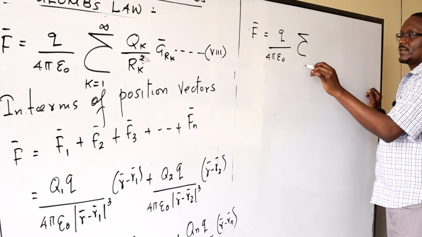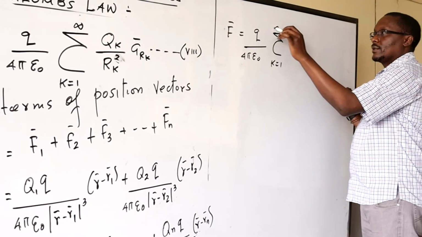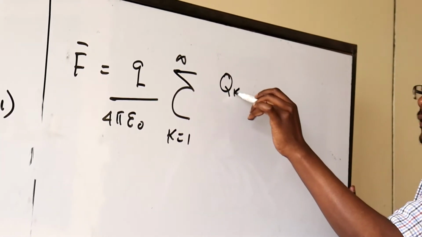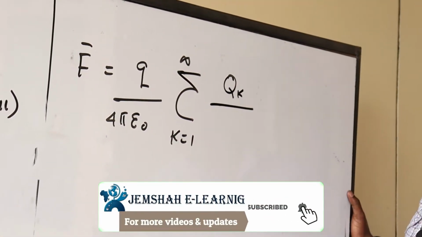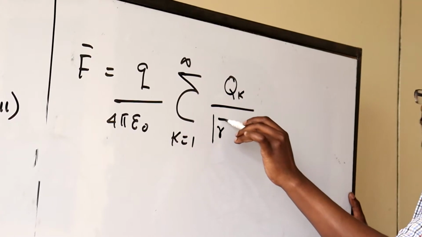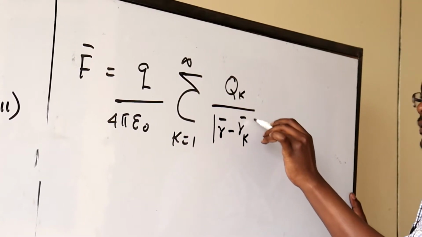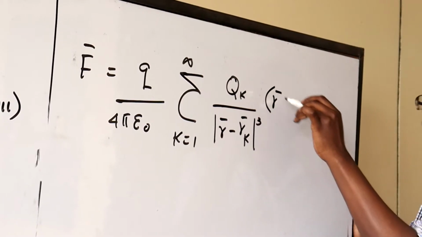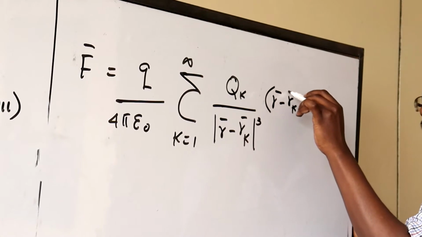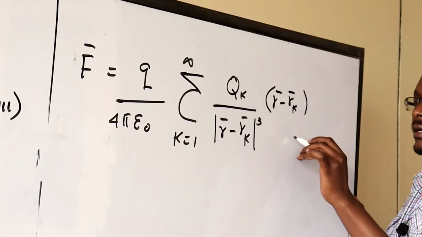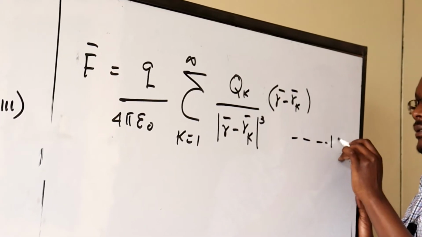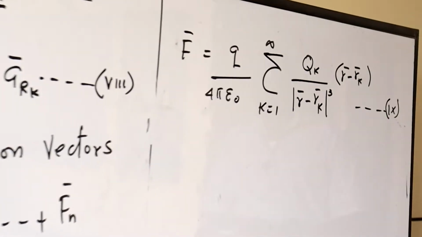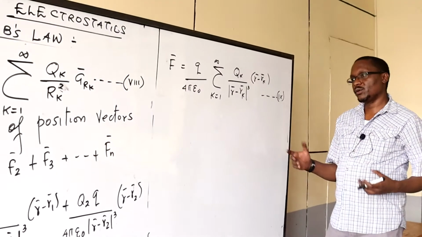Then you sum from K equals 1 to infinity of QK over R bar minus RK bar cubed into R bar minus RK bar, like so. And this gives us our equation number 9. And this is how we'll always be expressing our Coulomb's law.